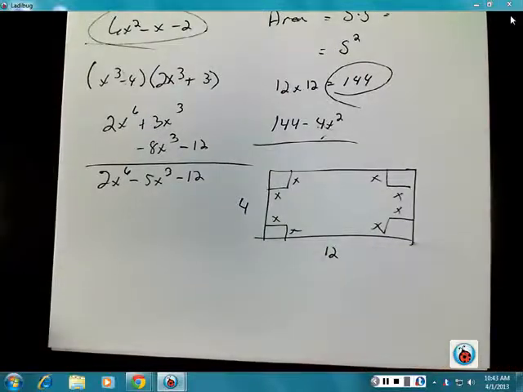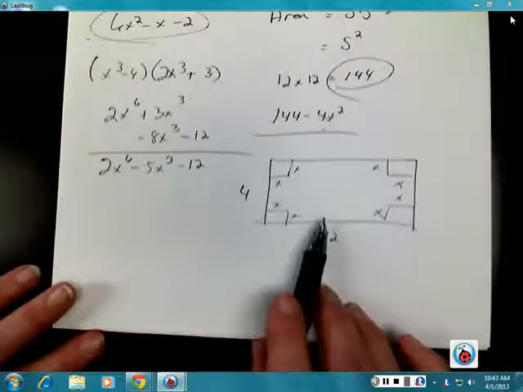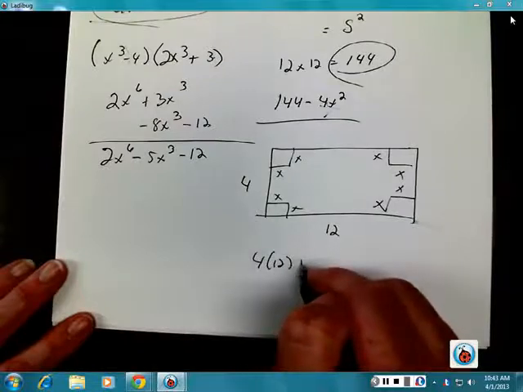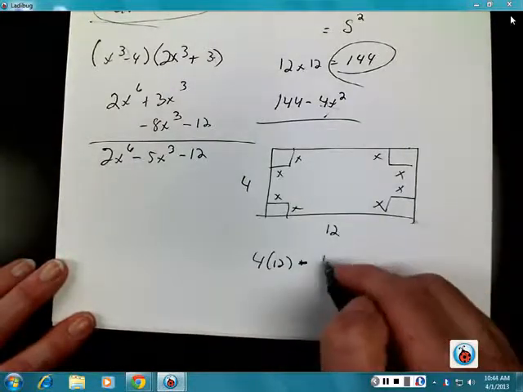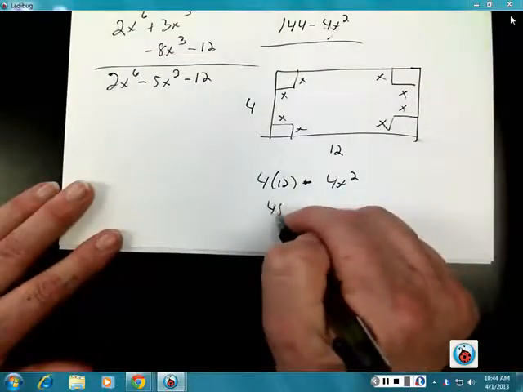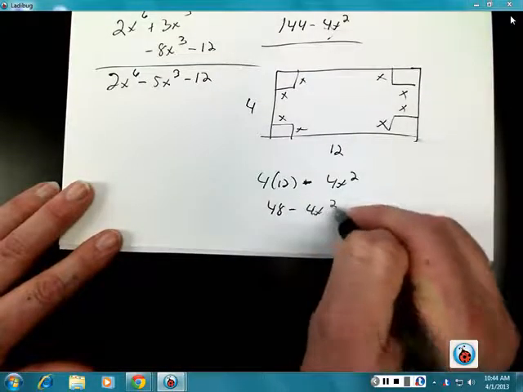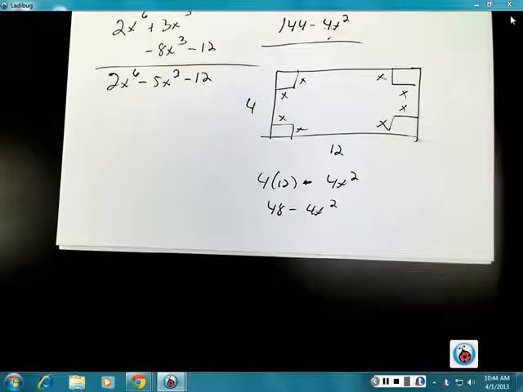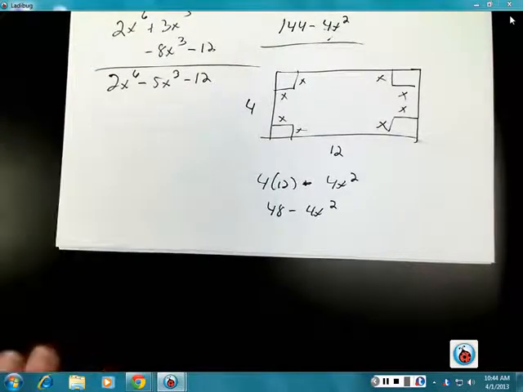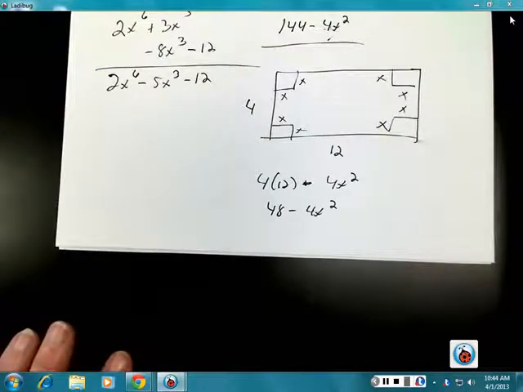They always give you square corners that they take out. So in this case, it's 4 times 12 minus 4x squared. So my answer is really 48 minus 4x squared. Okay? But yeah, I was heading there. You're just ahead of me. That's all. Yeah.